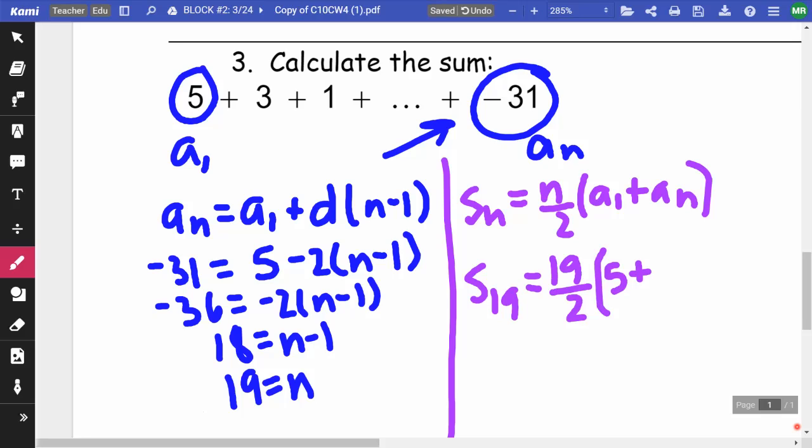My last term here, so plus a negative, I'm going to write minus 31. And I'm going to put that into my calculator. And I end up with a negative 247 as my sum.